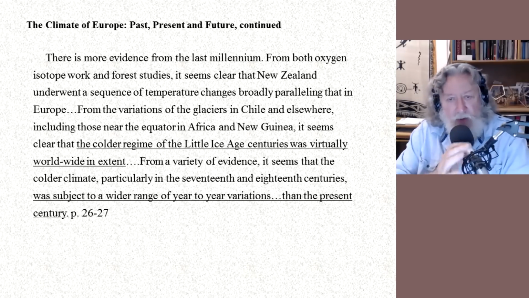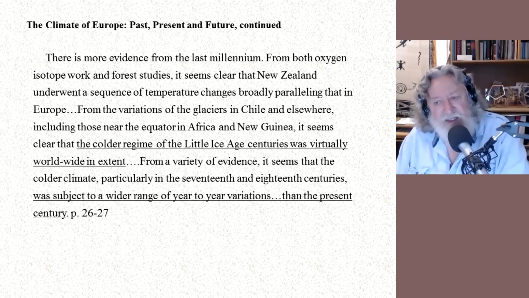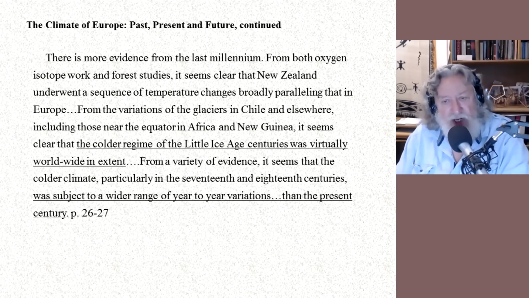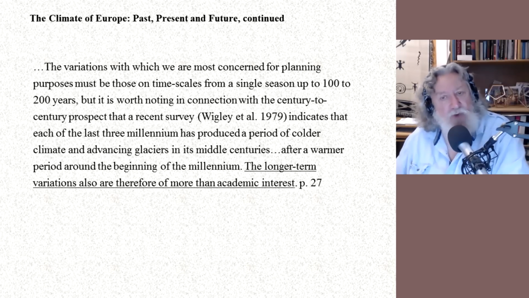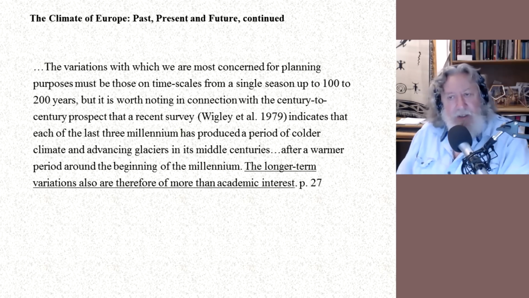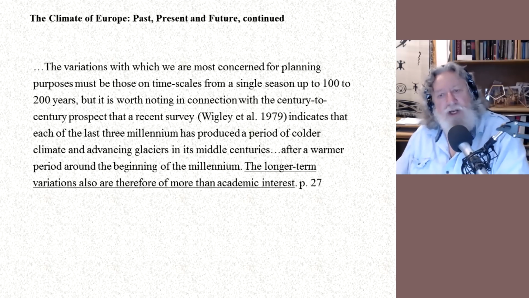Going on with the quote here: from a variety of evidence, it seems that the colder climate, particularly in the 17th and 18th century, was subject to a wider range of year-to-year variations than the present century. The variations with which we are most concerned for planning purposes must be those on timescales from a single season up to 100 to 200 years.